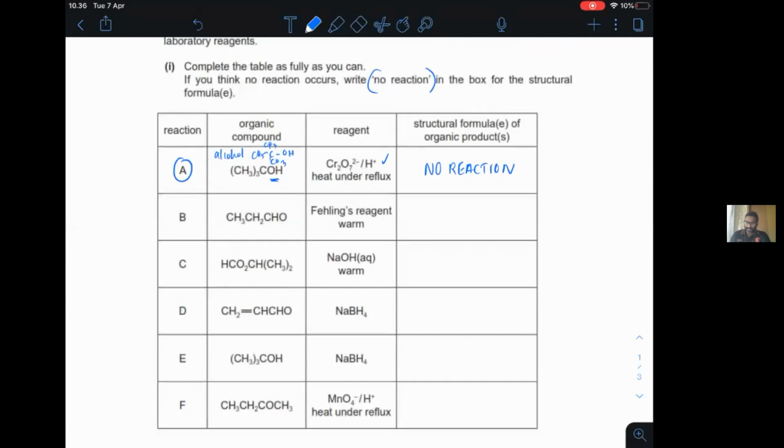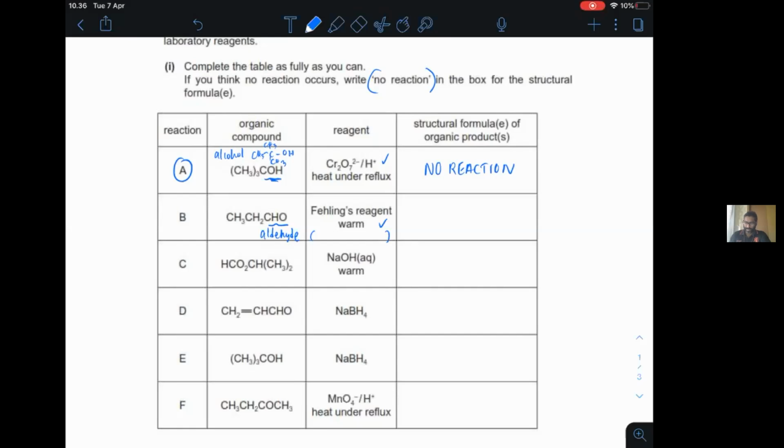Now for B, this one is CHO, totally different from just now, COH, that's alcohol. So this is aldehyde. Now when aldehyde reacts with Fehling's reagent, what is Fehling's reagent made of?